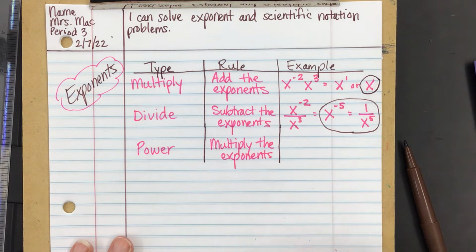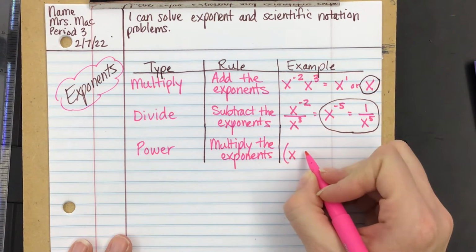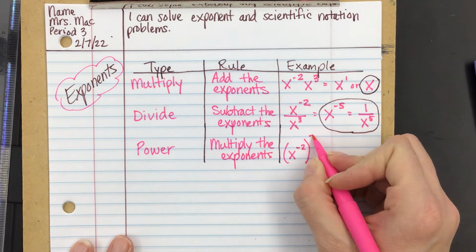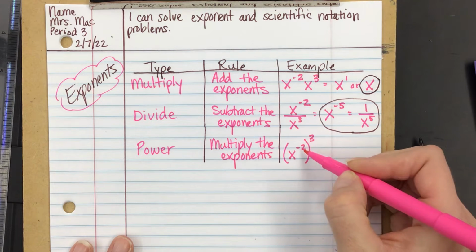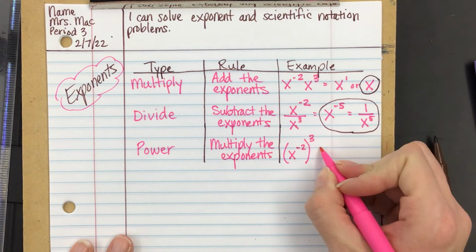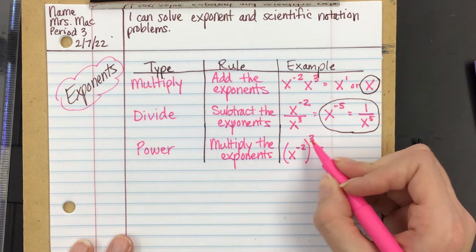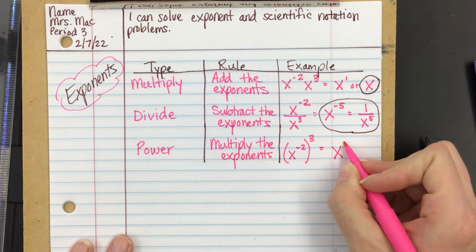So an example of this would be x to the negative 2 all to the third power. So when you have a power to a power, we're going to multiply those exponents. So negative 2 times 3 is a negative 6. So this will be x to the negative 6.